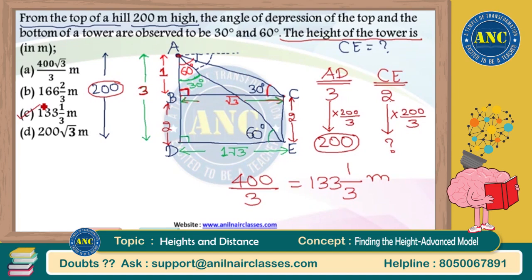I found out AD value as 3 units according to my assumption, and converted according to the question by using a multiplying factor. Similarly, I found out CE value as 2 units according to my assumption, and converted according to the question by multiplying with the same multiplying factor to arrive at the correct answer. I hope the idea is very clear in this way of problem solving. I believe this should help you solve this kind of problems in the easiest way possible.